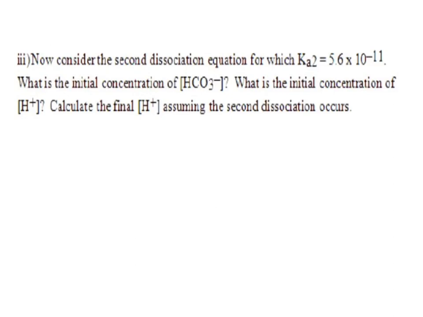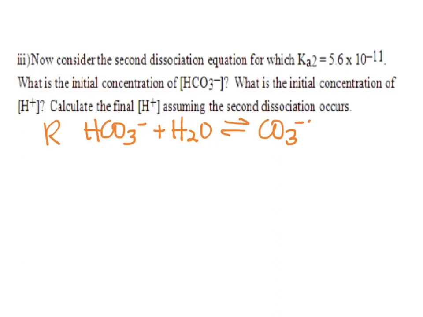Now I'm going to prove to you that this is negligible. So we're going to grab our second equation from the last page, which is HCO3 minus plus H2O gives me CO3 2 minus plus H3O plus.